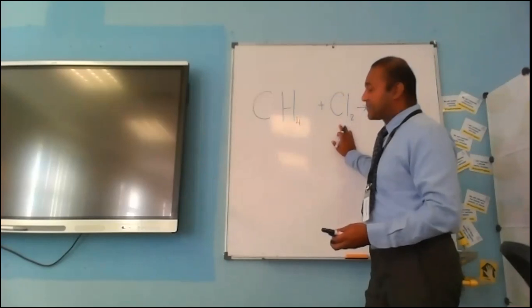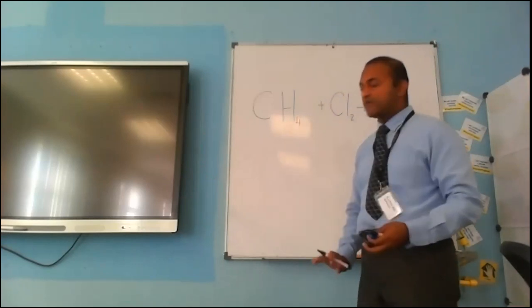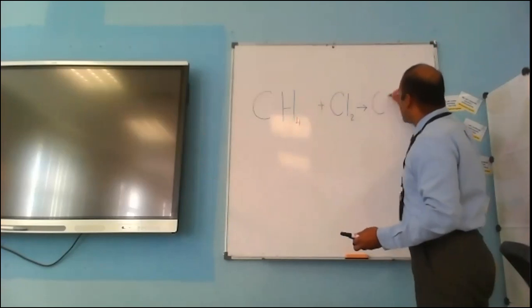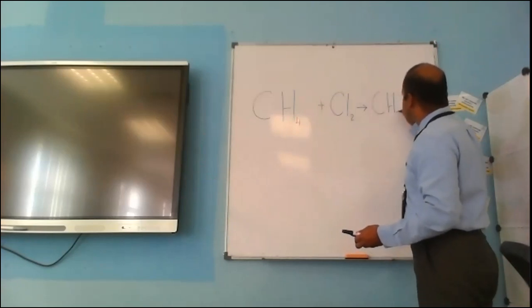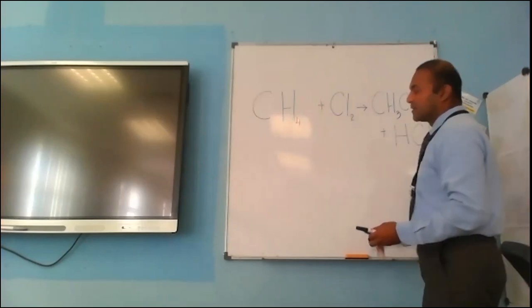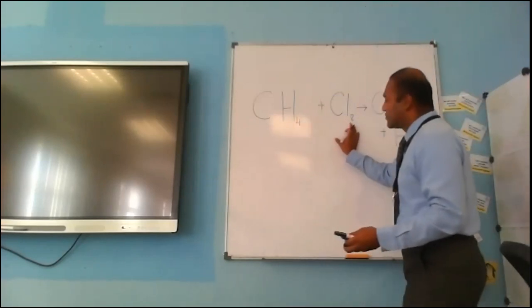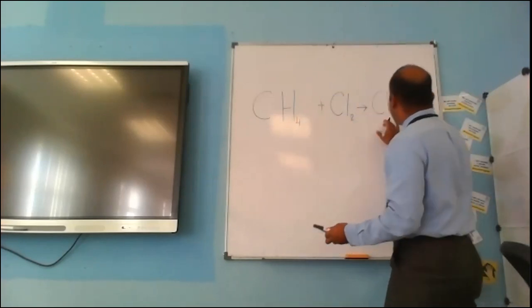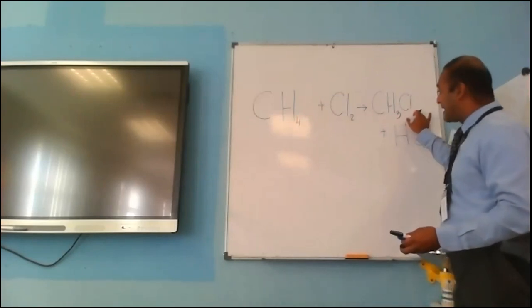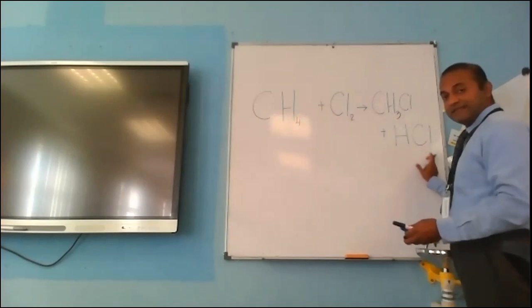So this chlorine atom from this chlorine molecule will go and substitute one of the hydrogen. So we will form, you can see you just remove one hydrogen, replace it with one chlorine, and you get CH3Cl. It's chloromethane and HCl.